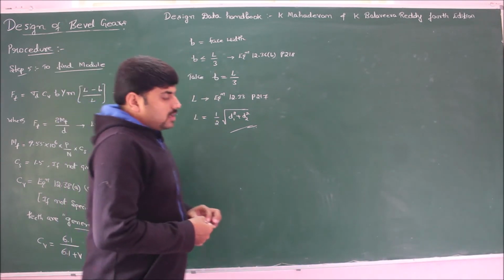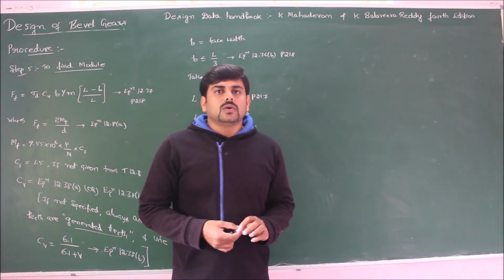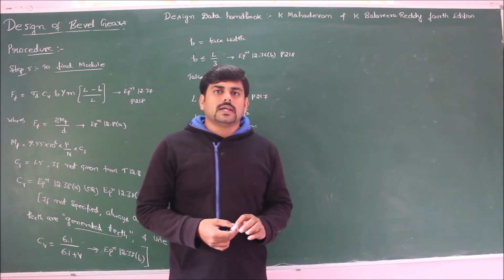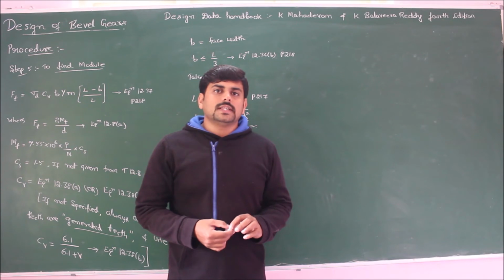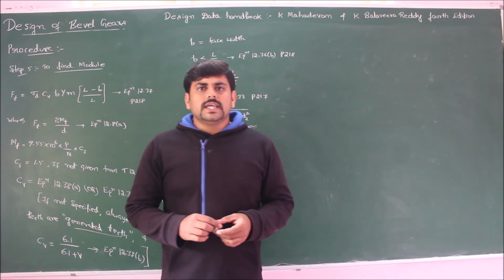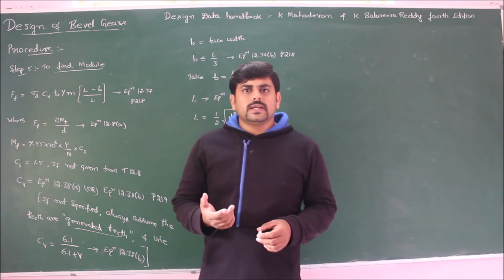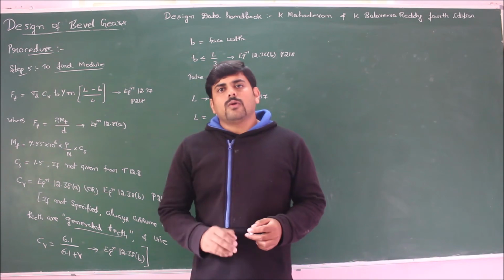For problems in which PCD is known to us, we should solve the problem for m into y. For problems in which the pitch circle diameter is not known to us, we should solve this module equation in the form m cube cv. In order to get the equation in the form m cube cv, express the unknown parameters with the help of module.